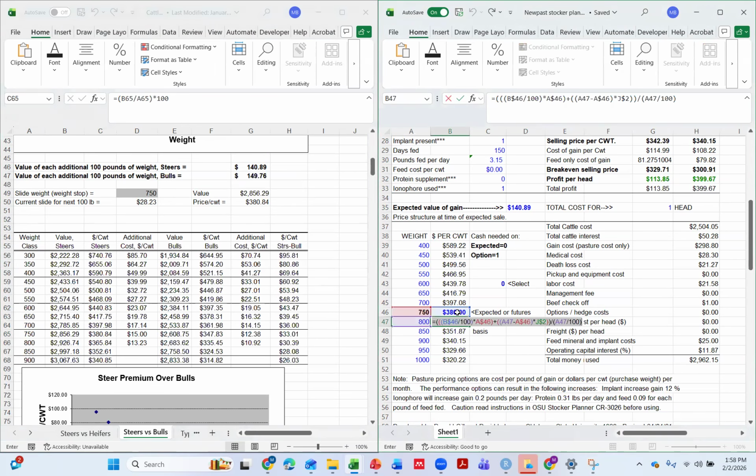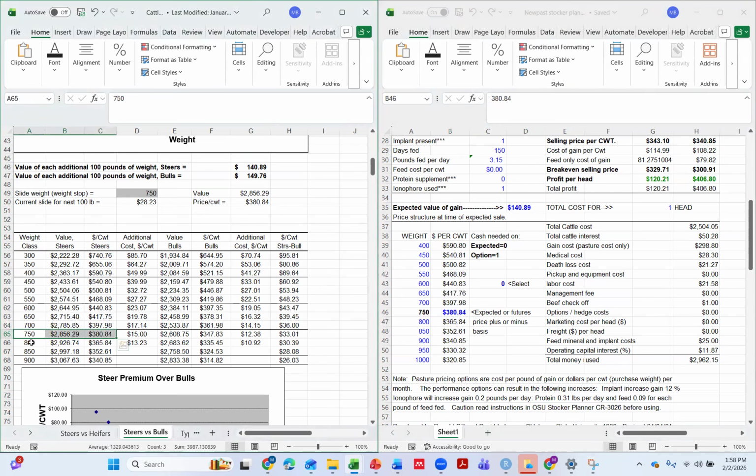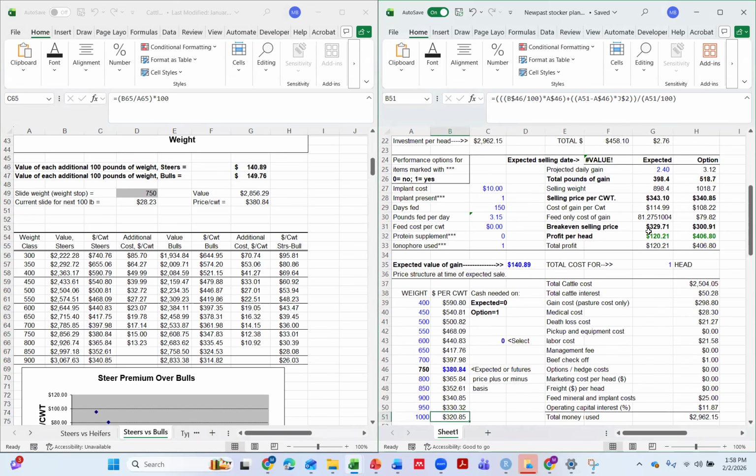So whenever I enter in this expected value of gain and I enter in this dollar per hundredweight for a 750-pound animal, which I pull from this table here, it already says, based off this scenario, if I were to sell a 400-pound animal, they would bring this $590.81. If I were to sell a 1,000-pound animal, they would bring $320.85. So it bases this selling price off of this table here.